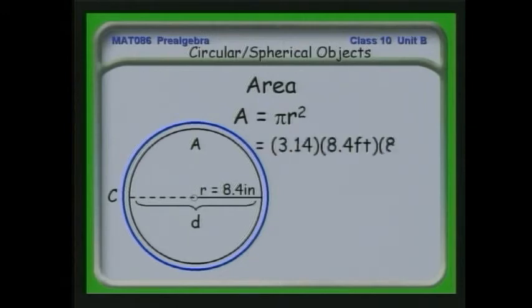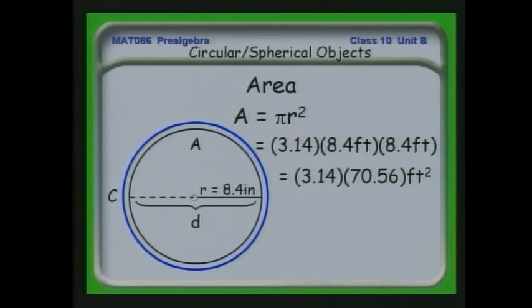In this case, we would just do the calculation in a straightforward way, and remember that we need something squared. When you're dealing with an area, you're dealing with square units. It makes sense then that the radius is squared. The area is 3.14 times 8.4 times 8.4.